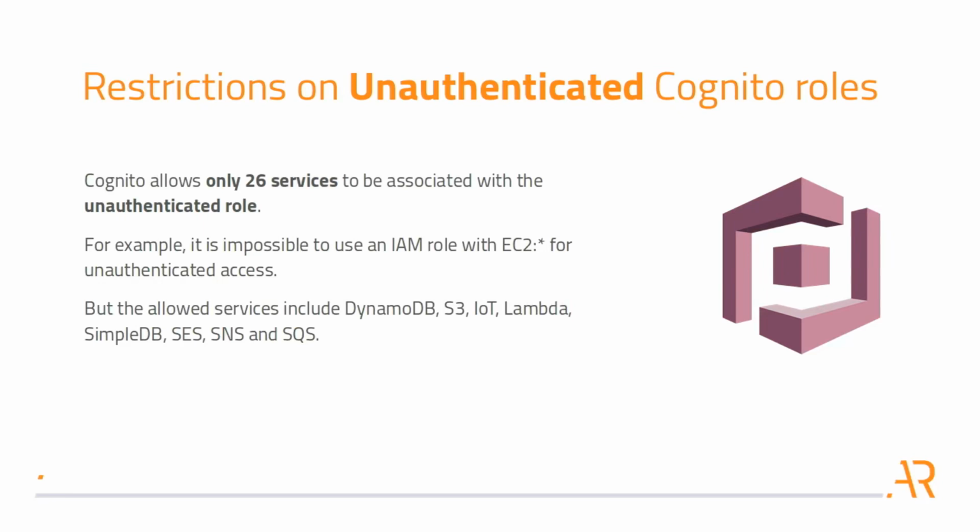That's why I didn't find any credentials that had the IAM service enabled. So this is good. There's at least some restriction for the unauthenticated role. But still, I was able to gain access to a lot of S3 buckets, to a lot of DynamoDB tables. I was able to gain access to Lambda functions, the source code of Lambda functions, and a lot of information stored there.